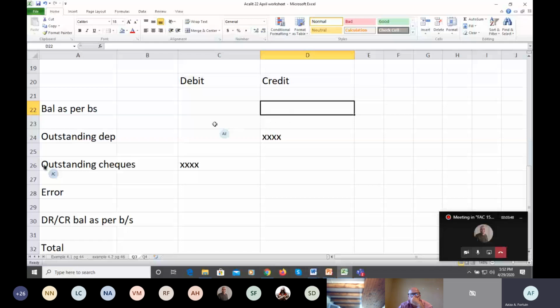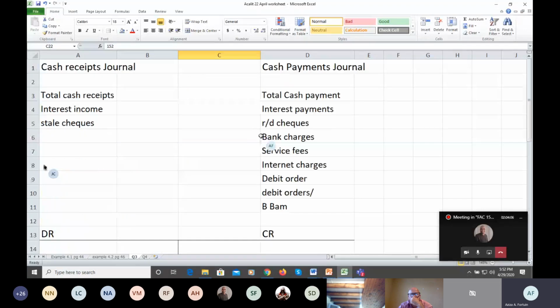Number 3, the total in the cash receipts journal amounts to 12,987, and the cash payments journal 11,898. Can you see how easy it becomes if you've got your framework? Then you can just slot your stuff in. Items appearing on the bank statement but not in the journals. So there again they told us it's not in the journals, so we need to put it in the journals.